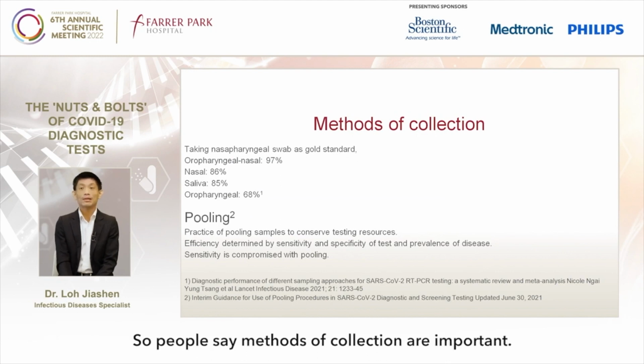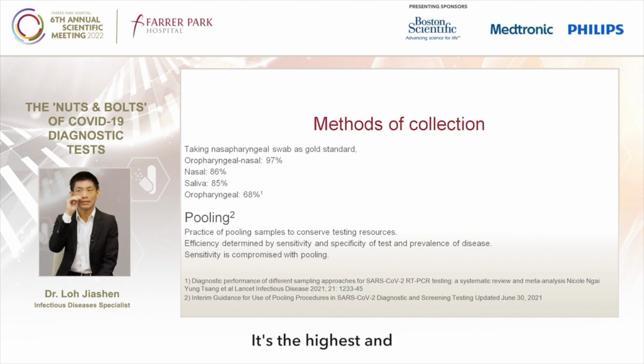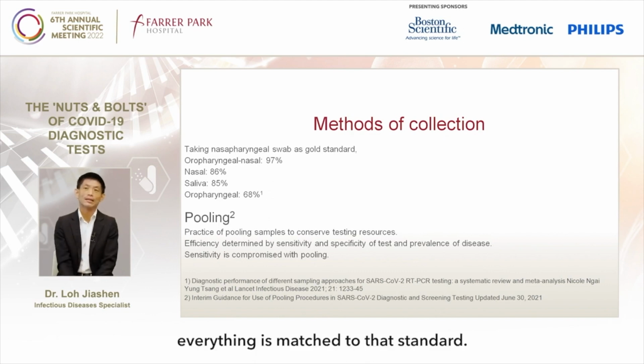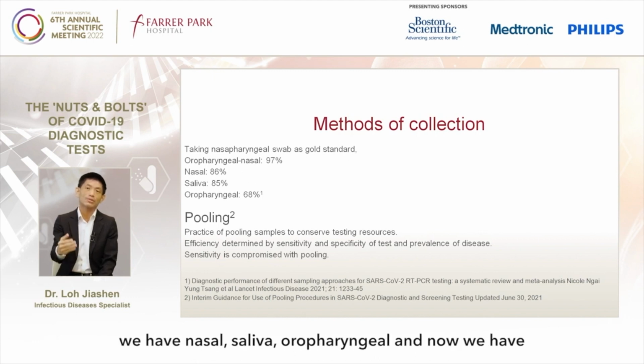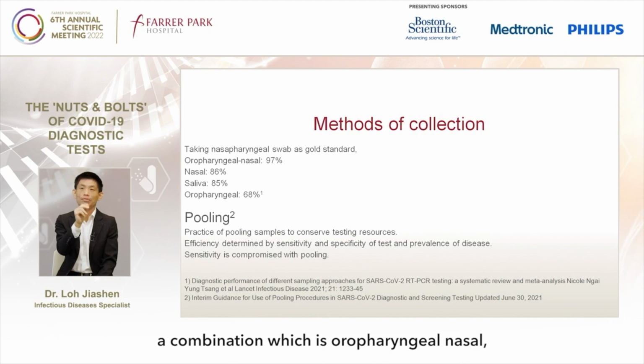So then people say methods of collection are important. Yes. We all know that the nasopharyngeal swab is the gold standard. It's the highest. Everything is matched to that standard. Slightly below that standard, we have nasal, salivary, oropharyngeal, and now we have a combination, oropharyngeal-nasal.